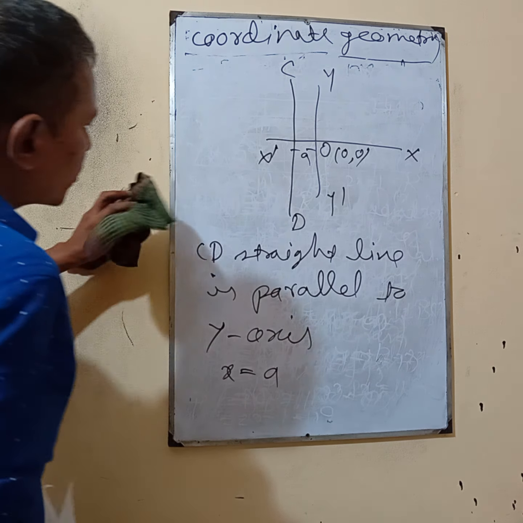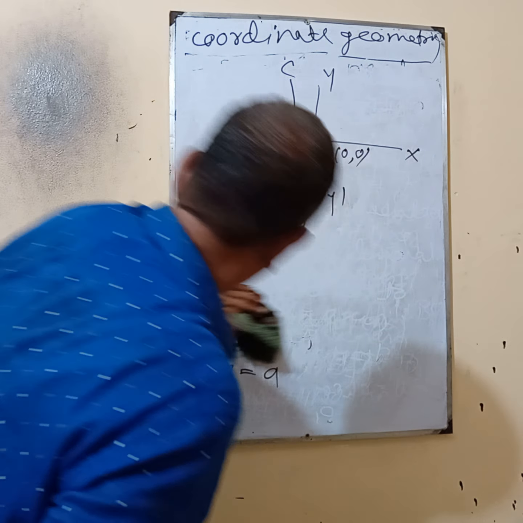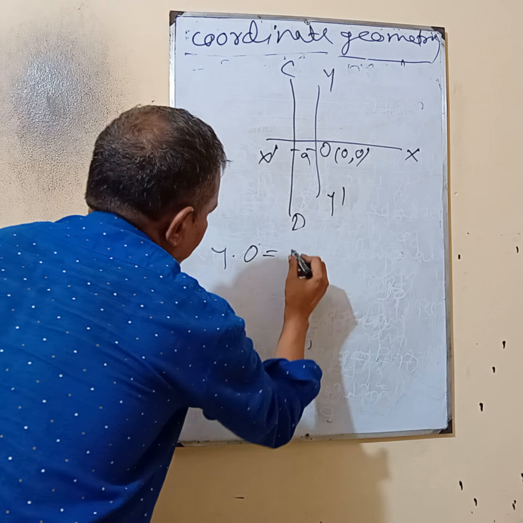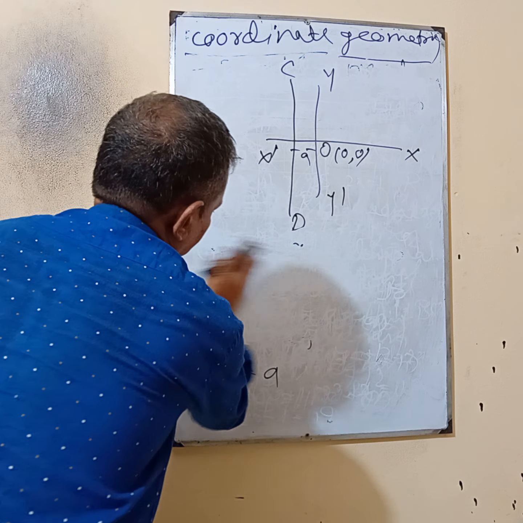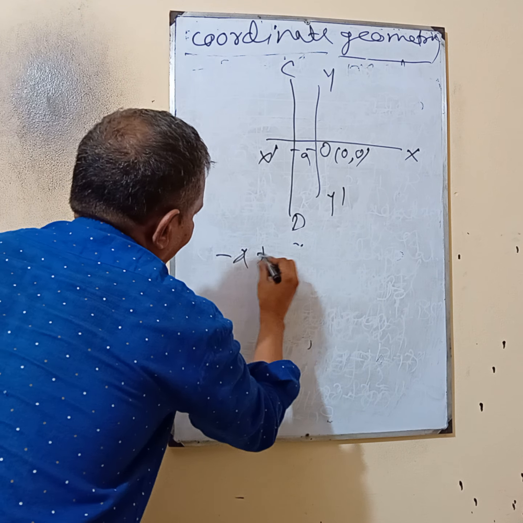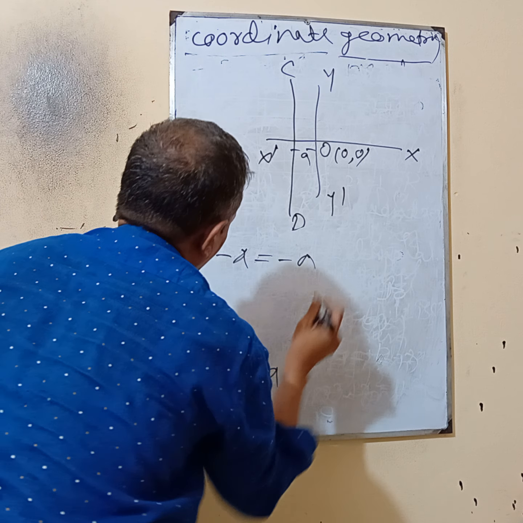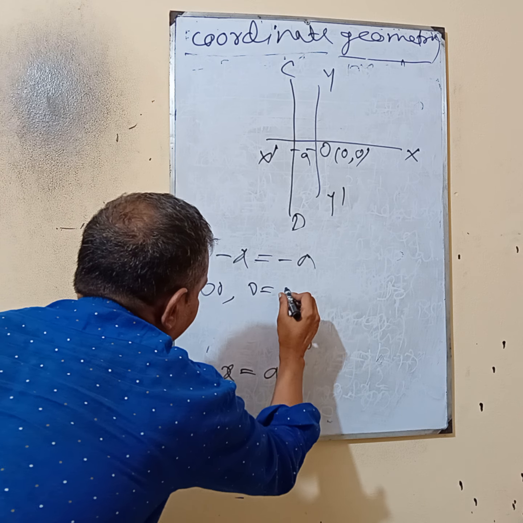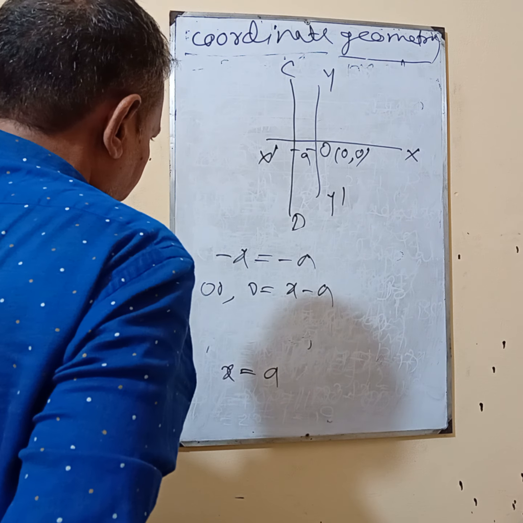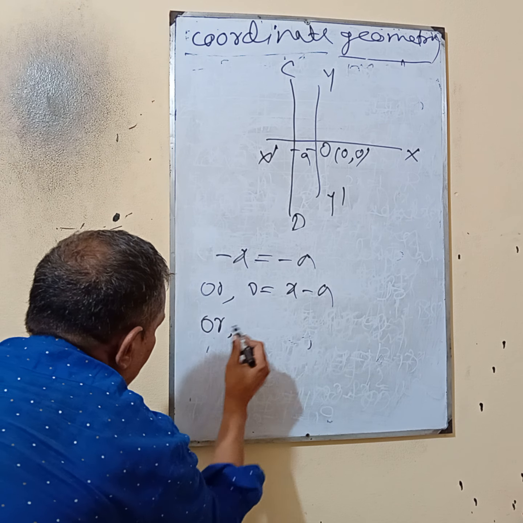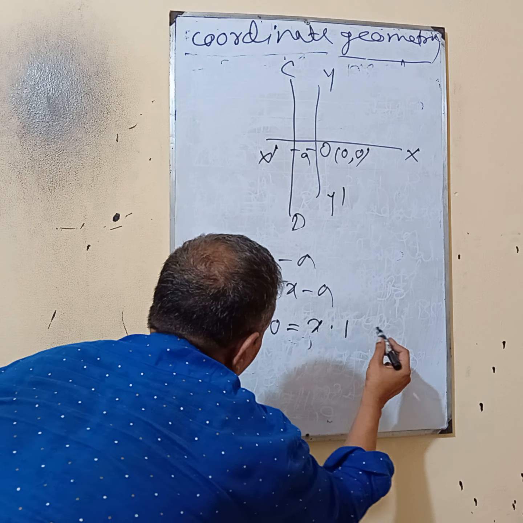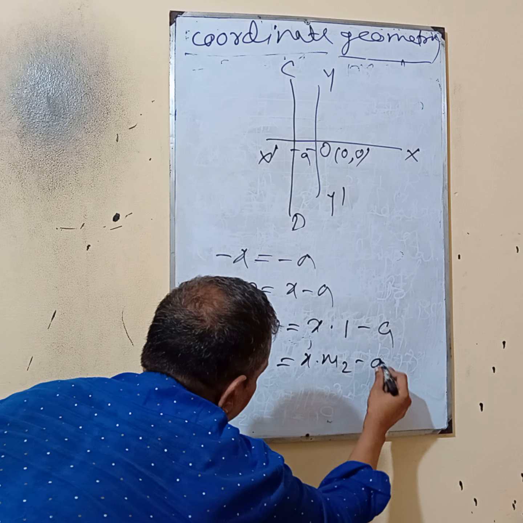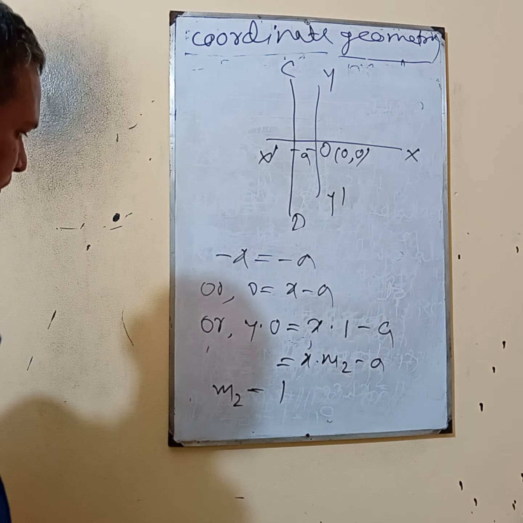So x is equal to a means y into 0 plus x, that is, 0 into y plus x, or x is equal to m2 into y plus a. So m2 may be 1.